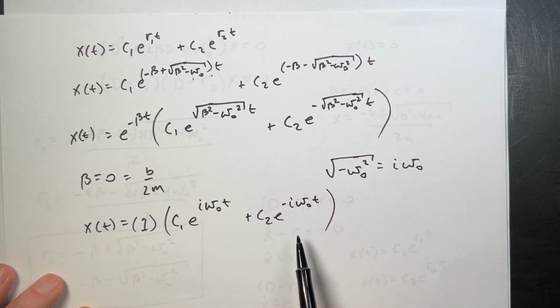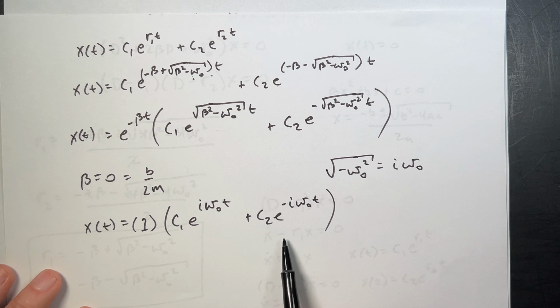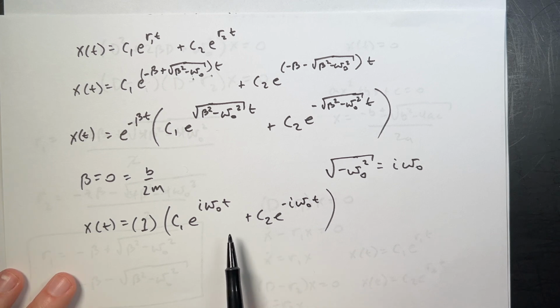And this is sines and cosines, right? So if you go back to your solution for the harmonic oscillator, that's the same thing, right? That is a harmonic oscillator. That's one of the solutions. You could write it this way.